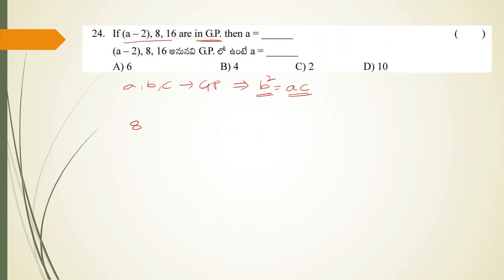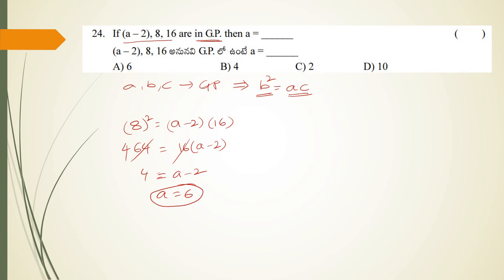So 8 square is equal to a minus 2 into 16. Now 8 square is 64. 64 is equal to 16 into a minus 2. In the 16 table, 64 goes 4 times. So 4 is equal to a minus 2. From this, a is equal to 6. So the value of a is 6.